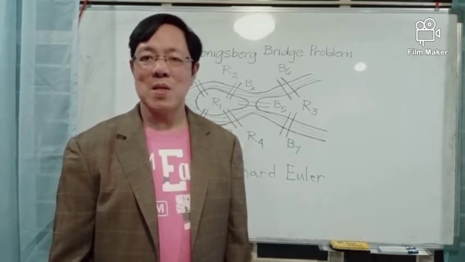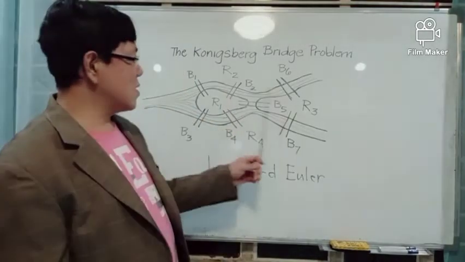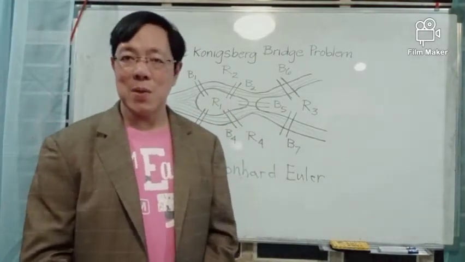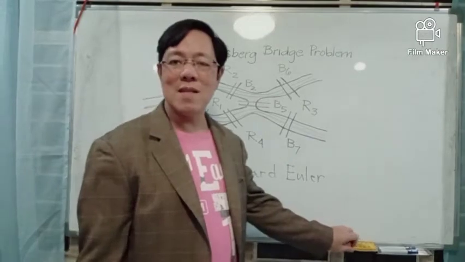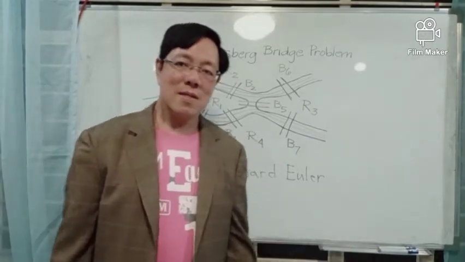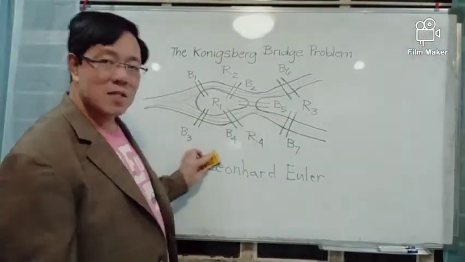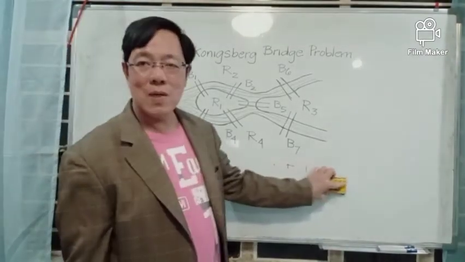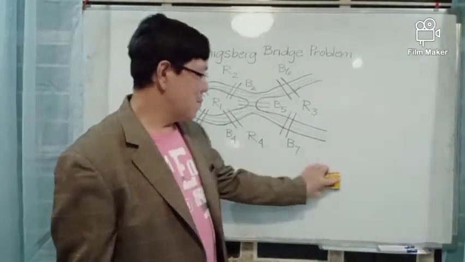Now, we will convert this Konigsberg bridge problem into a graph by representing the regions as vertices, and we will call these vertices.